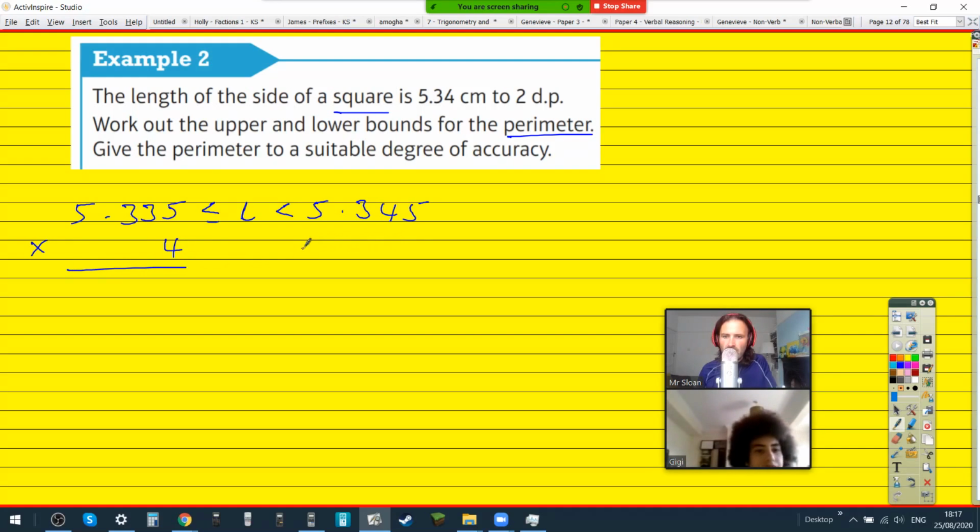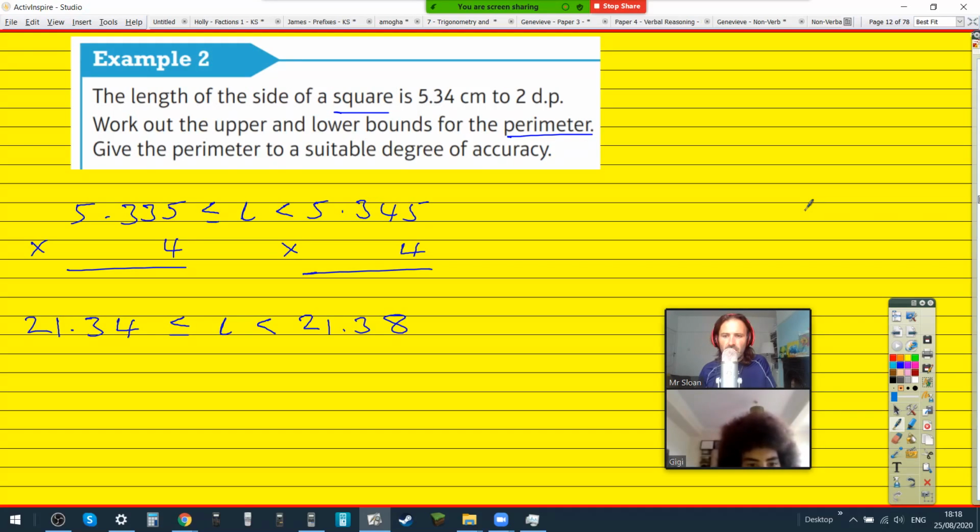All right. 21.34. 21.38. Okay. That's it. Give the perimeter to a suitable degree of accuracy.